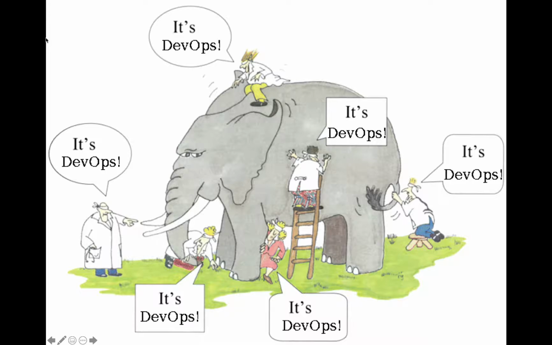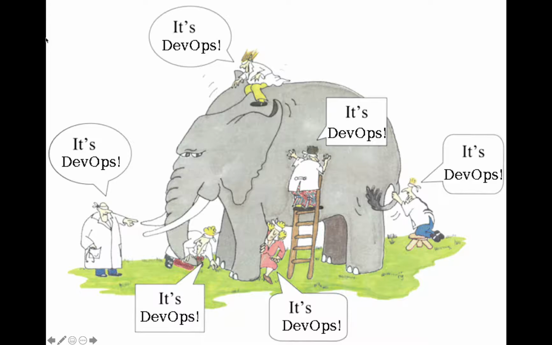Sometimes the best way to describe something is to describe what it isn't. And one of the challenges that we face when we talk about DevOps is that if you go out and talk to nearly any company or any IT vendor, they'll give you a slightly different definition of what DevOps means to their organization.